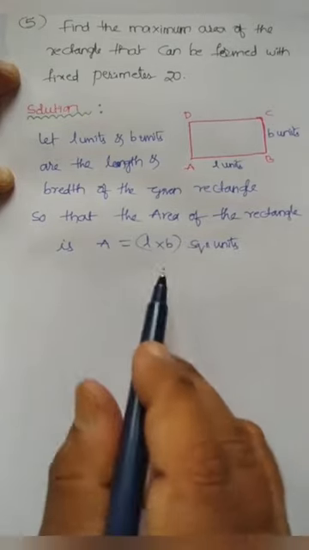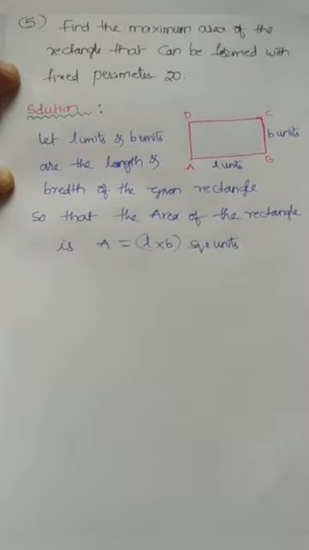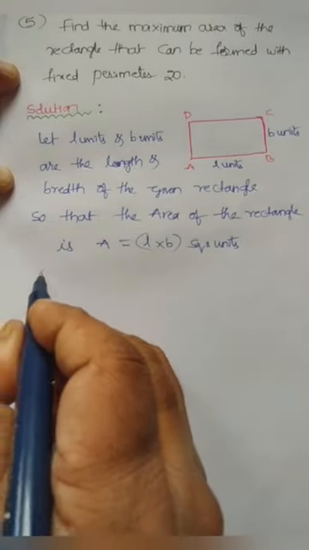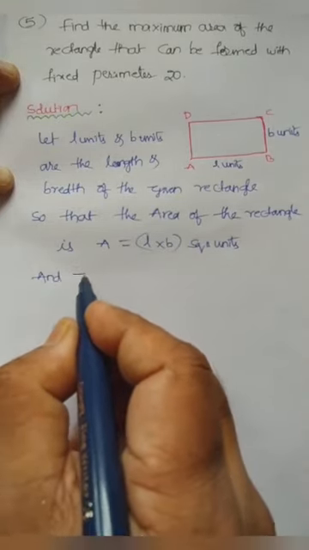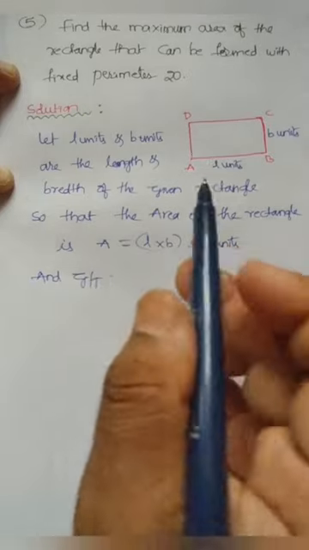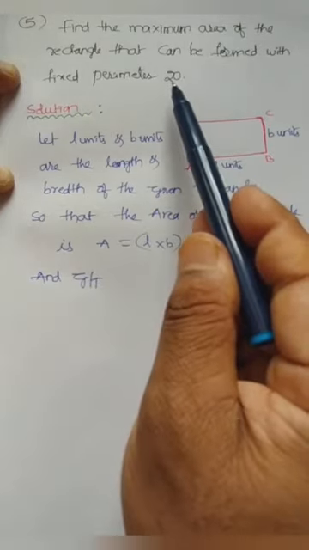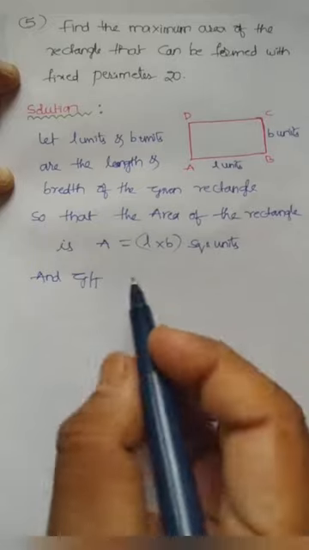Okay, so this is the formula for what? Area of the rectangle. And given that the perimeter he had given, how much is it? 20.